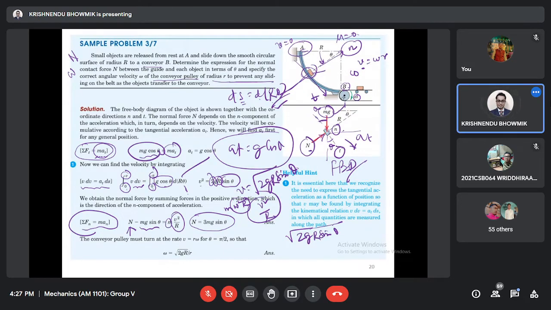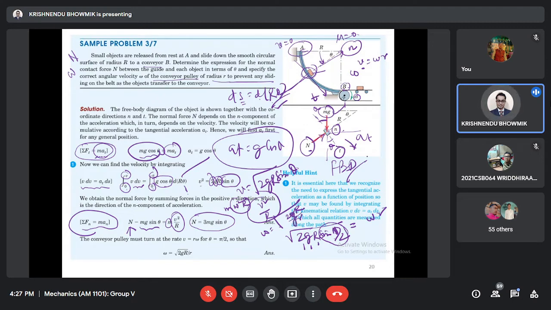To avoid the slide, when theta equal to pi by 2, sine theta is 1, so omega equal to square root of 2 g capital R by small r.